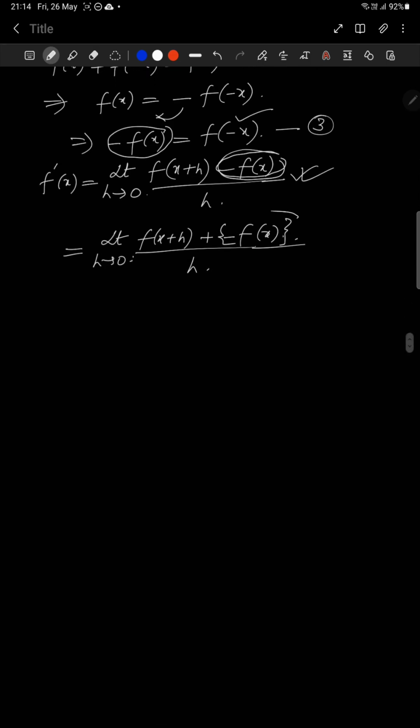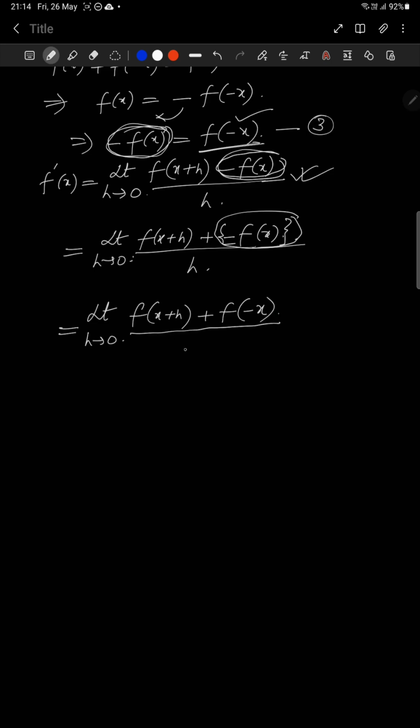So are you finding this whole quantity from here can be written equal to f(-x), so that it becomes limit h tending 0 of (f(x + h) + f(-x))/h. I hope it is clear to all of you.